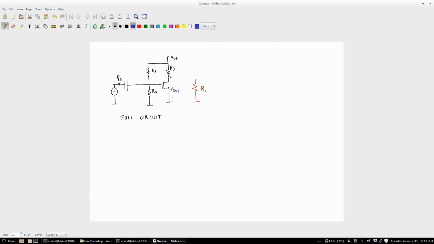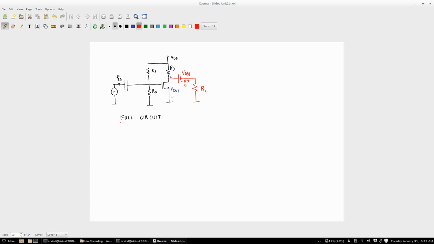So what should I do? How did you motivate the capacitor? Assume that when this RL is far away, this voltage is some VDS1. Now, if you don't want any bias current to flow through this load, what should I do?